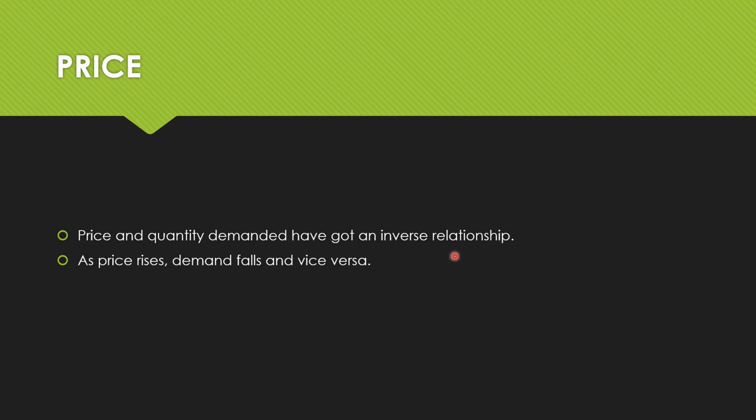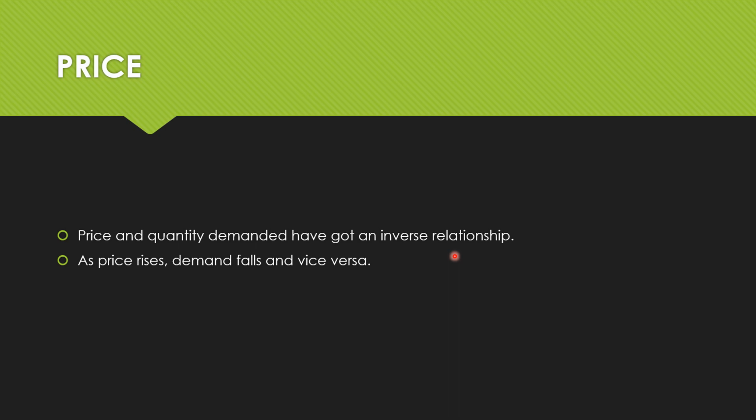Why is this happening? At 100 rupees, I feel the cost per unit of pencil is too expensive, so at that price I am ready to purchase only one pencil. But when the price fell to 10 rupees, I don't mind purchasing 10 pencils, because now I feel the price is less, and at this lower price it is worth buying 10 pencils.